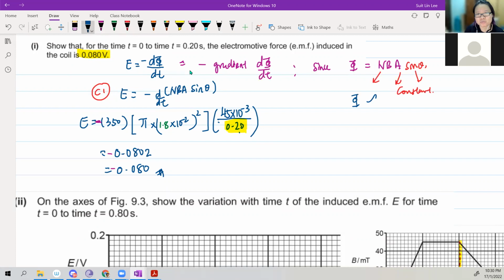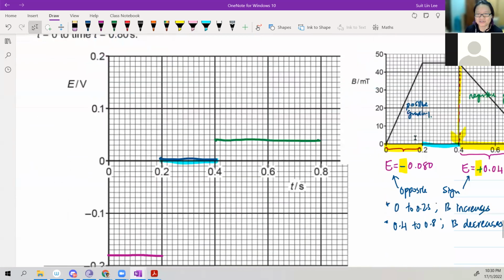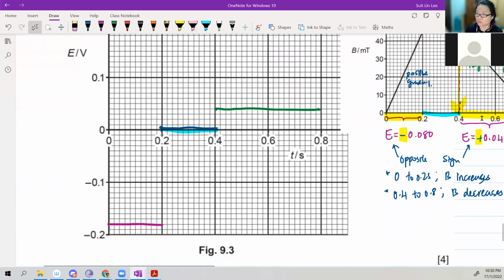So now flux is proportional to B, which means for this case, I can say that the induced EMF is actually negative dB/dt. Of course, there's a constant in front. All of these is the constant. So we're looking at gradient. This gradient is positive, I draw negative sign. Gradient negative, I draw positive sign.